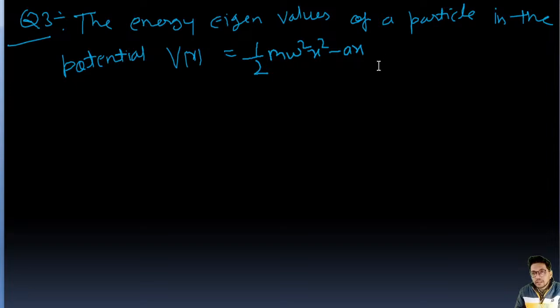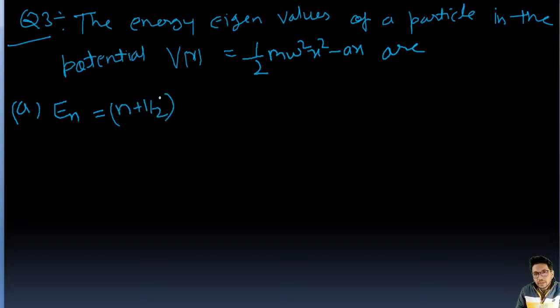The energy eigenvalues of a particle in the potential are, options are given. Option A: En equals n plus half h cut omega minus a square upon 2m omega square.